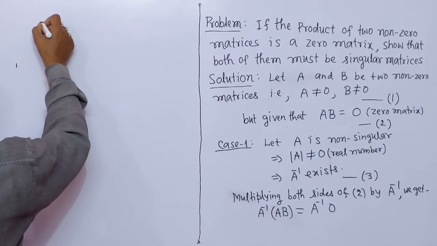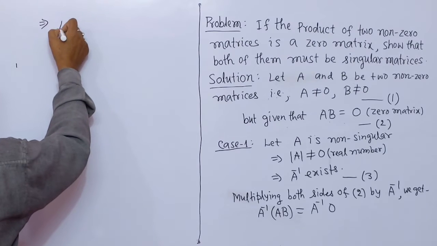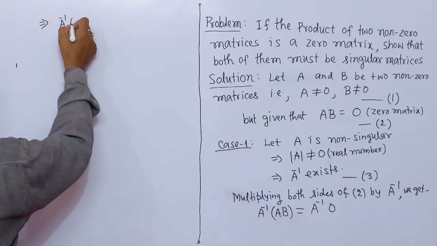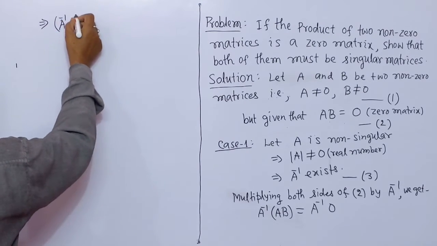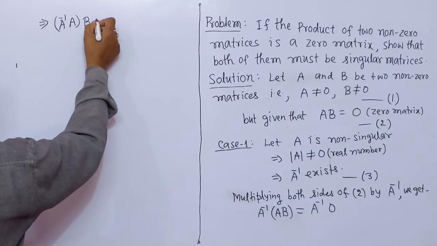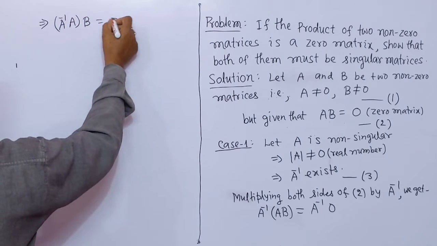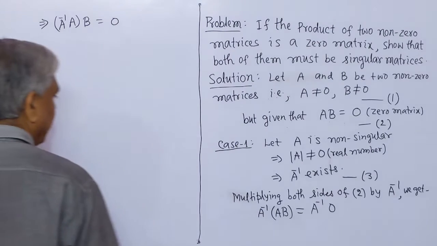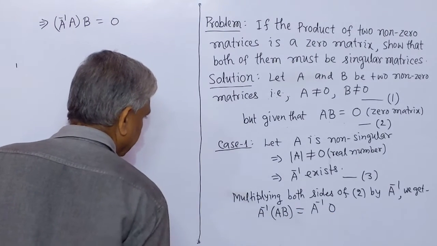This implies that A inverse A, by associative law, B equal to 0 matrix. If we multiply any matrix with a 0 matrix, that is a 0 matrix.